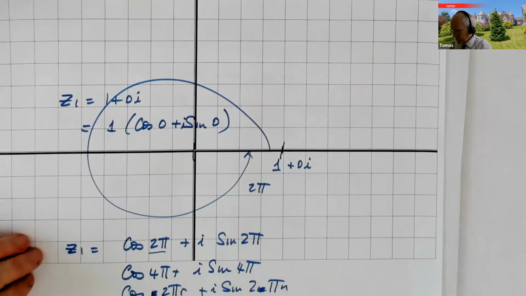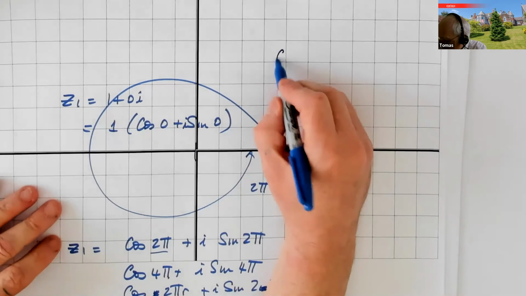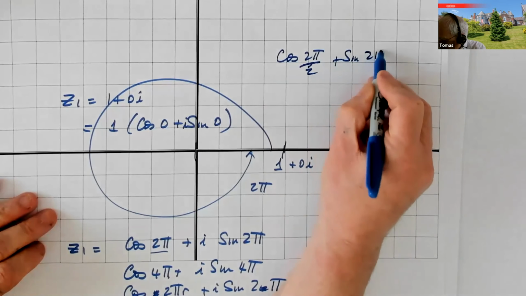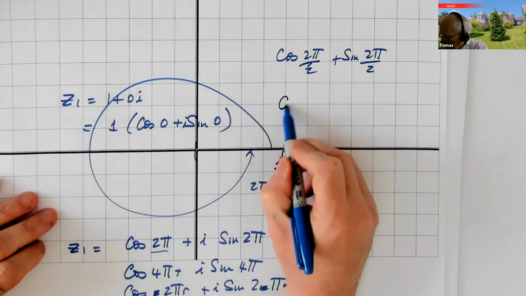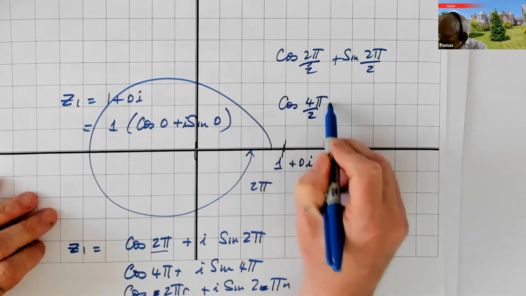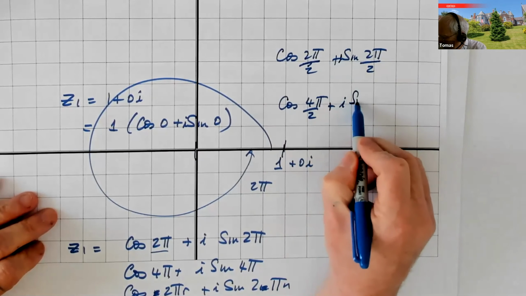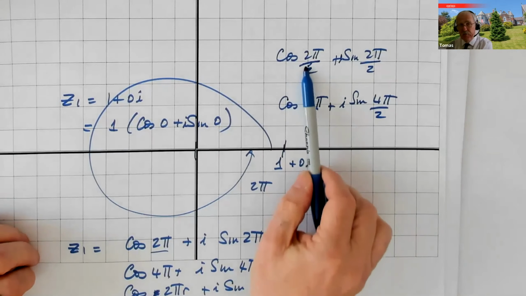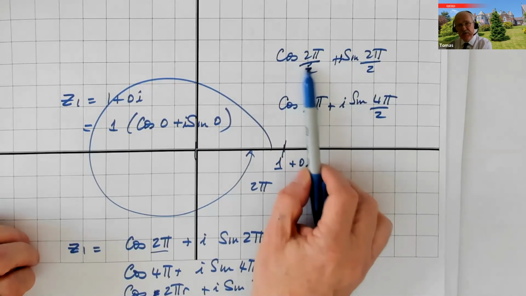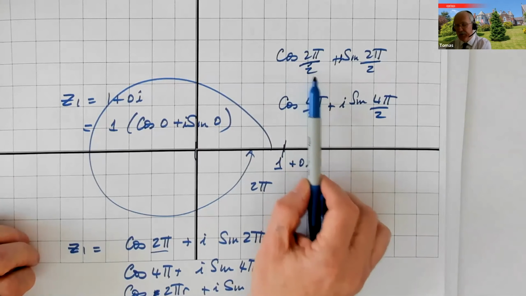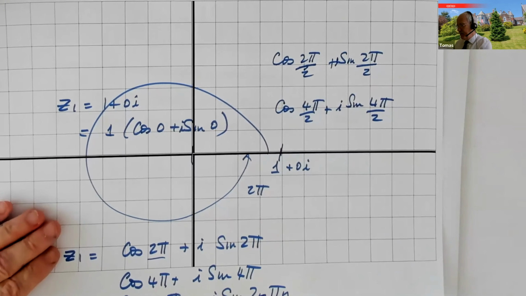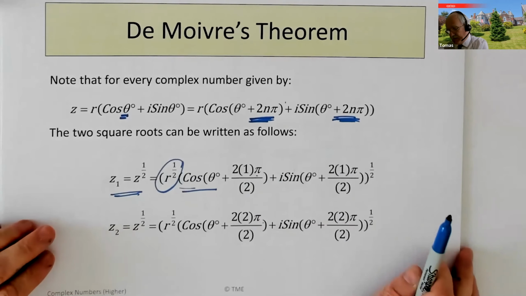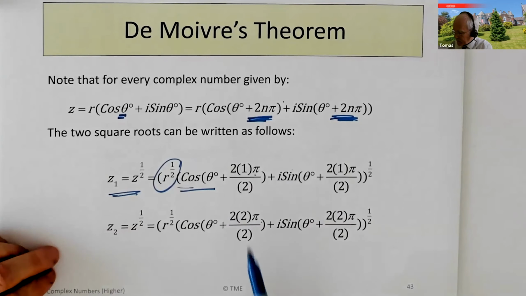So if I wanted the two roots, I would say it's cos 2 pi over 2 plus i sine 2 pi over 2, or cos 4 pi over 2 plus i sine 4 pi over 2. And 2 pi over 2 is actually just pi, and that gives me a different answer, because cos of pi is minus 1. So that's how we do that.